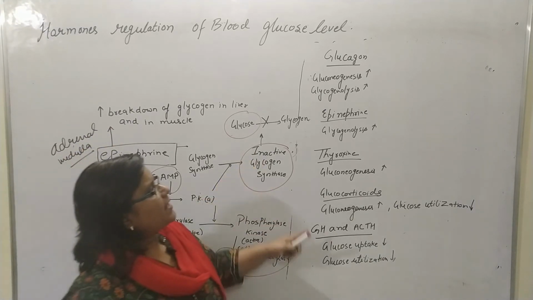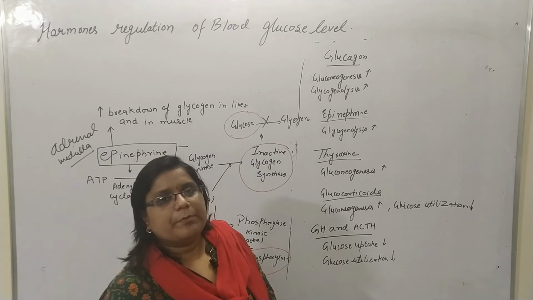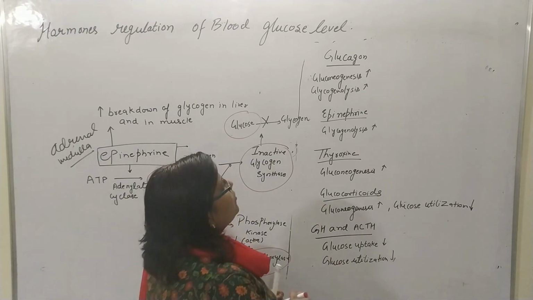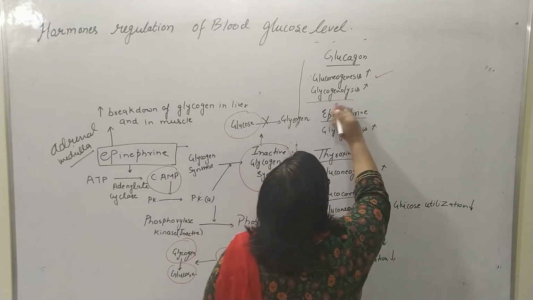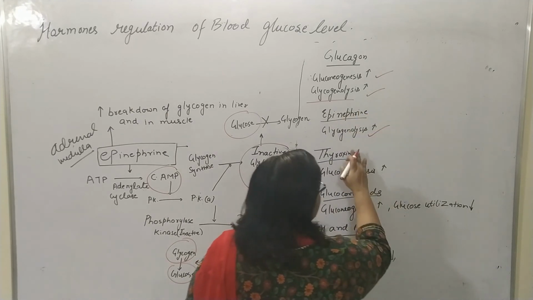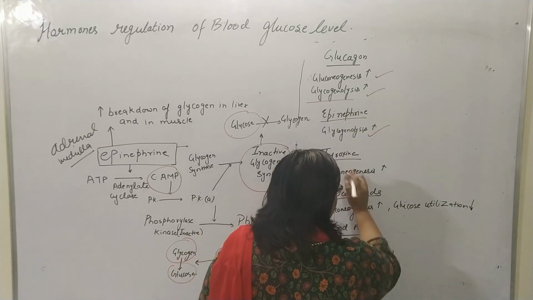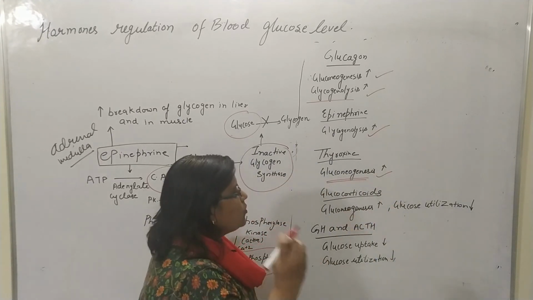Here I have summarized which hyperglycemic hormone performs which type of function. Glucagon increases gluconeogenesis and glycogenolysis. Epinephrine increases glycogenolysis. Thyroxine increases gluconeogenesis.